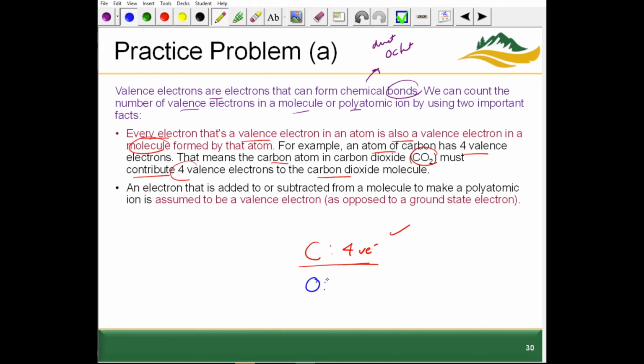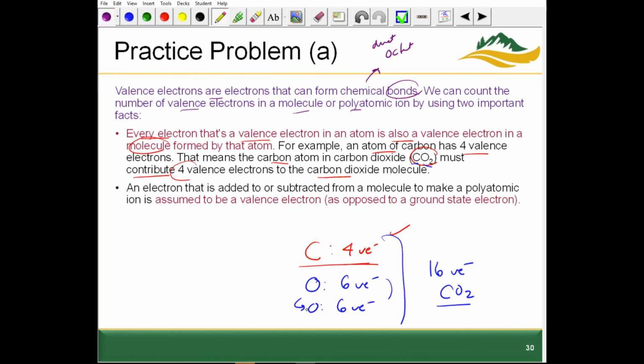Similarly, oxygen is coming in with 6 valence electrons. There are 2 of them. So carbon with 4 valence electrons, each oxygen with 6 valence electrons, that totals up. So 12 plus 4, that's 16 valence electrons in the whole compound of carbon dioxide.